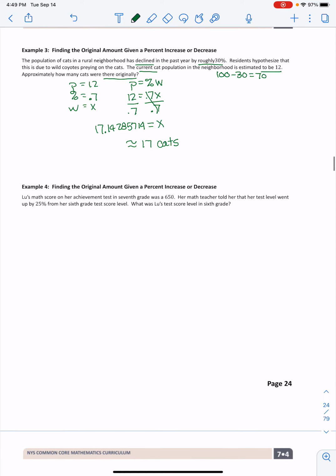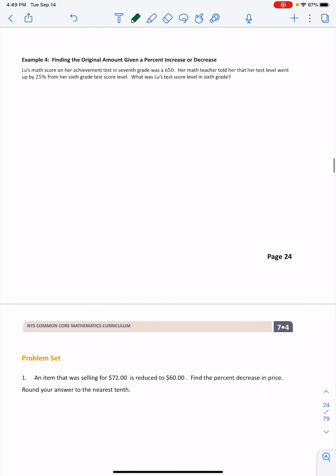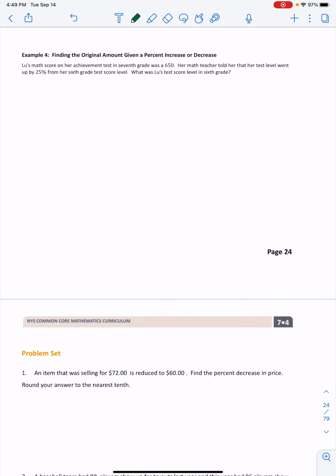Now, last question. It says Lou's math score on her achievement test in 7th grade was a 650, okay? Her math teacher told her that her test level went up 25% from her 6th grade test score. What was Lou's test level in 6th grade?